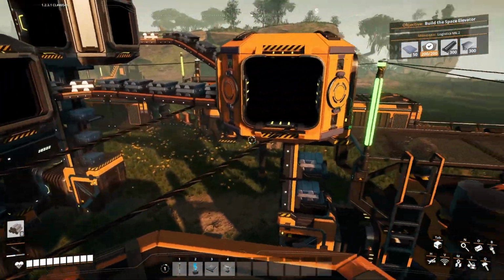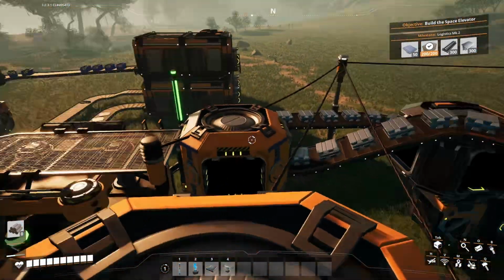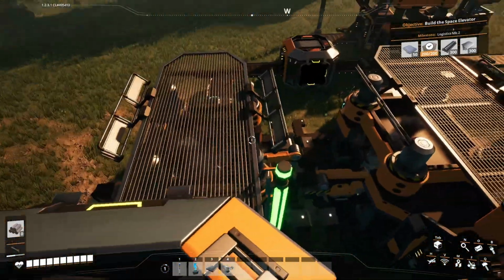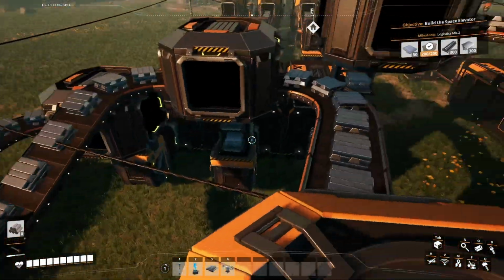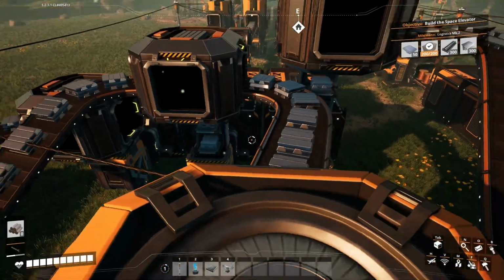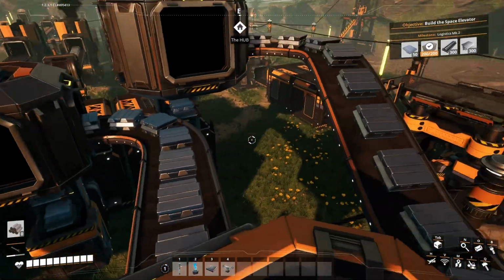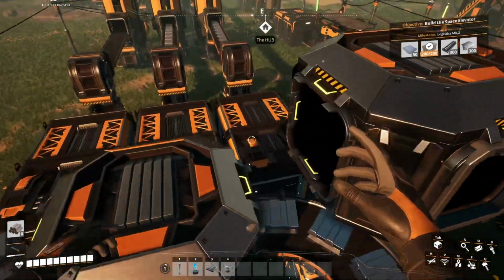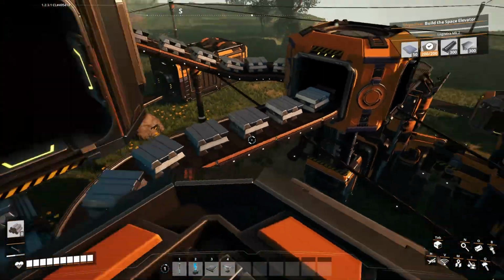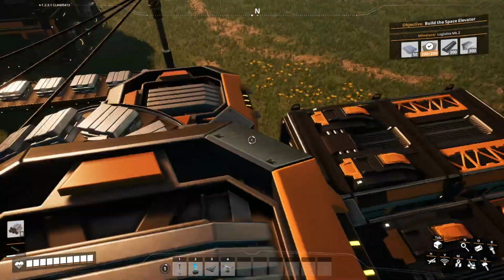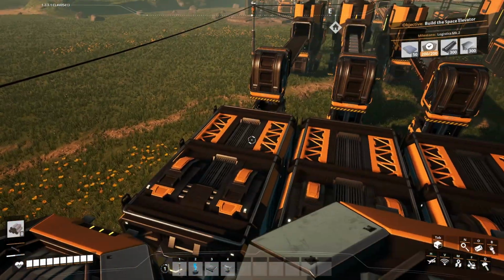So now, each of these is pulling from 2 different bins. So the iron rods are pulling from this bin, and the iron sheets are pulling from this bin and this bin.